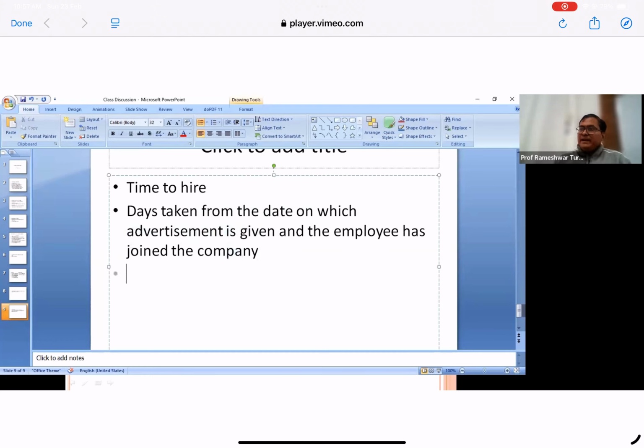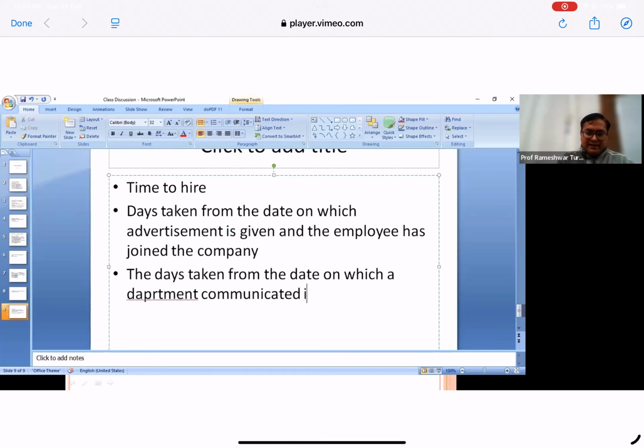Another company may define time to hire as the days taken from the date on which a department communicated its vacancy to the HR department and the date on which the employee joined.